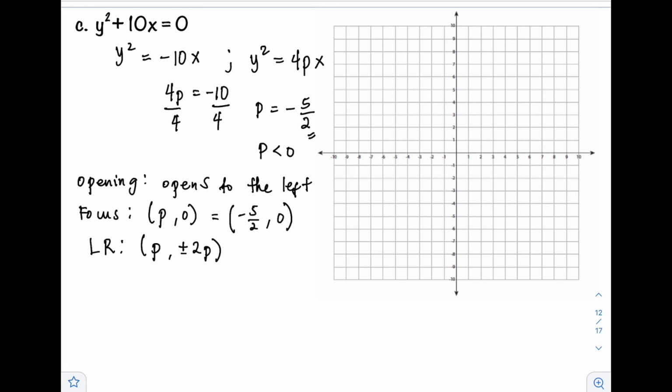So ang endpoints ng ating latus rectum is we have negative 5 over 2, then positive 2 times negative 5 over 2. So, pakita ko muna yung paano i-solve yan.